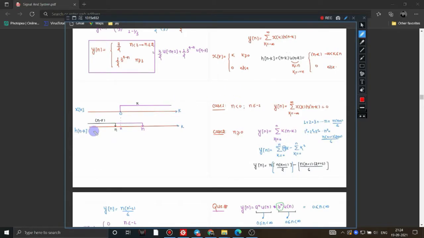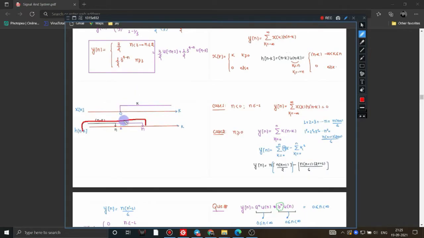So focus on the graphical representation of h[n minus k], which is from minus infinity to n, where n is greater than 0, and our x[k] graph is just like that.